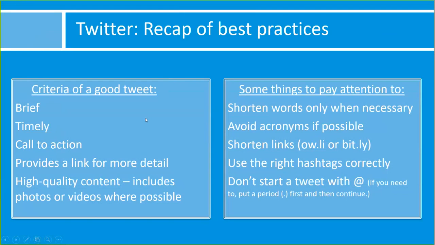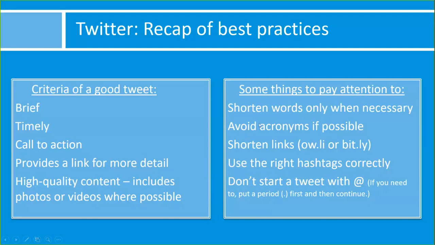Quick recap. So what's a good tweet? It's brief, it's timely, it has a call to action maybe, it provides a link for more detail, it has high quality content, so visuals whenever possible. Only shorten words when necessary while still keeping it brief, avoid acronyms, try to shorten links, and use the right hashtags correctly.